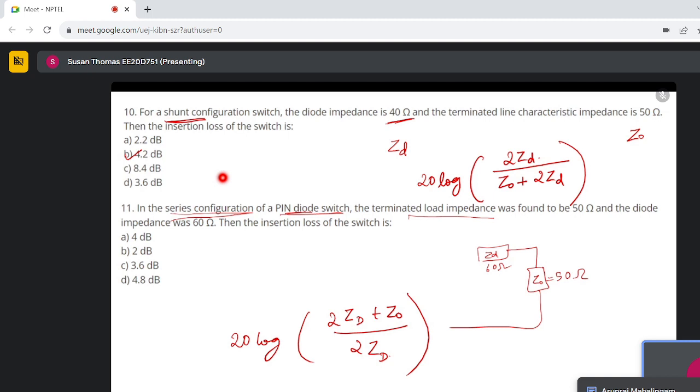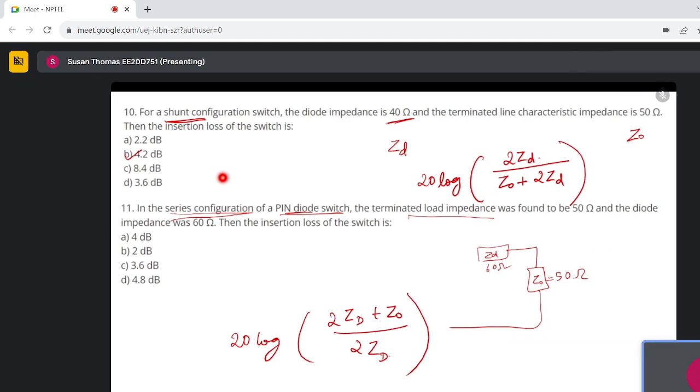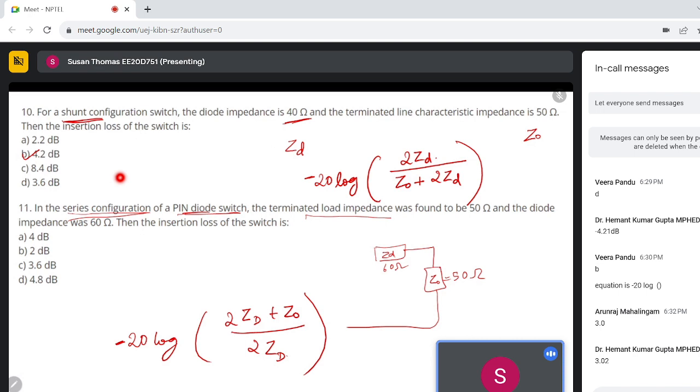It's not 3. Can you try once again? Yeah, please take this as minus 20. I just missed that minus 20. Sorry, because it's loss, it's the insertion loss.